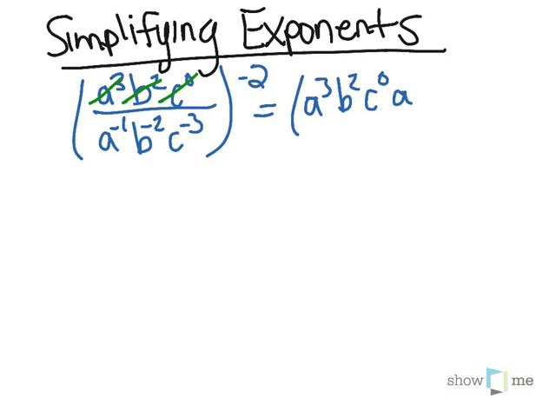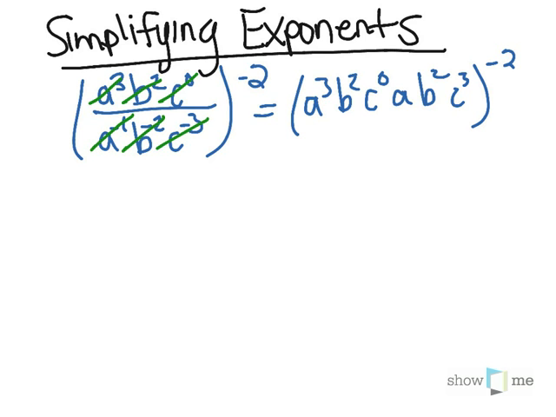That becomes just a, because a to the positive 1 can just be written as a. I'm going to cross that one out. Same thing with the b to the negative 2, which now becomes b squared, and c to the negative 3 becomes c cubed. And I still have the exponent of negative 2 on the outside.